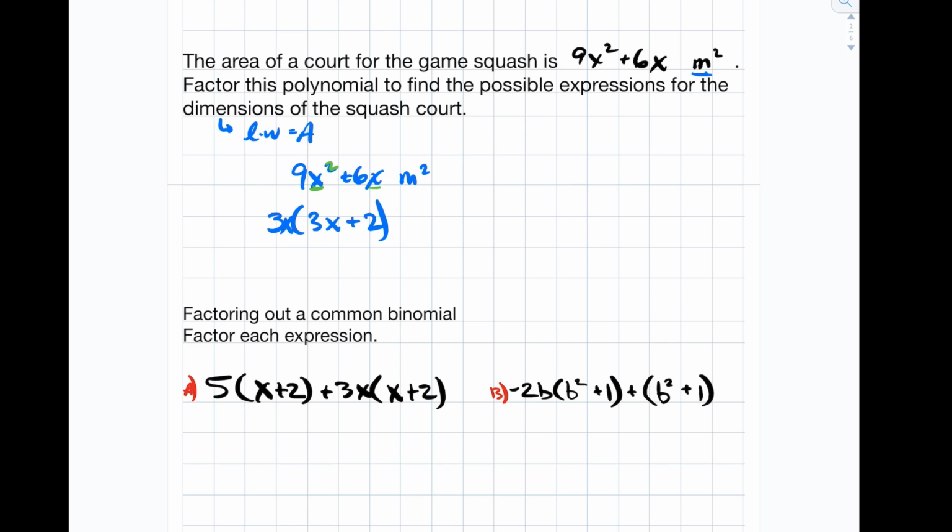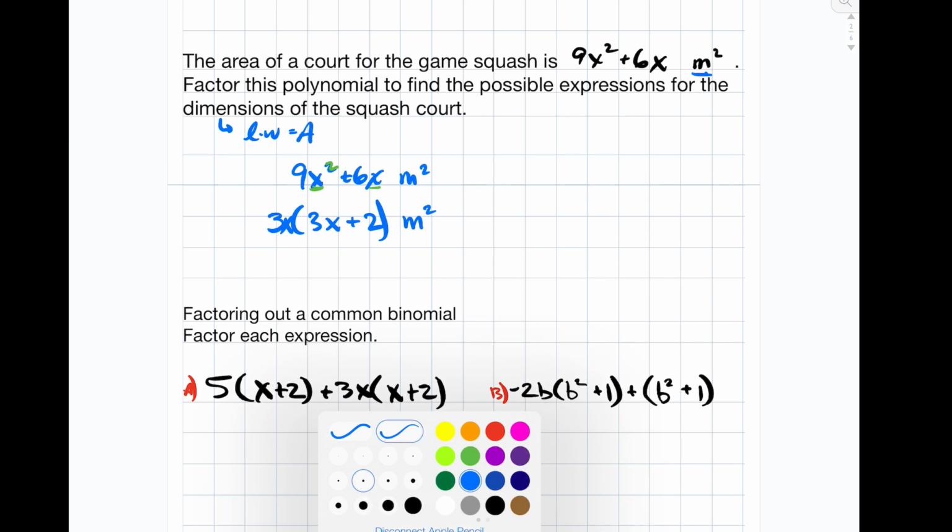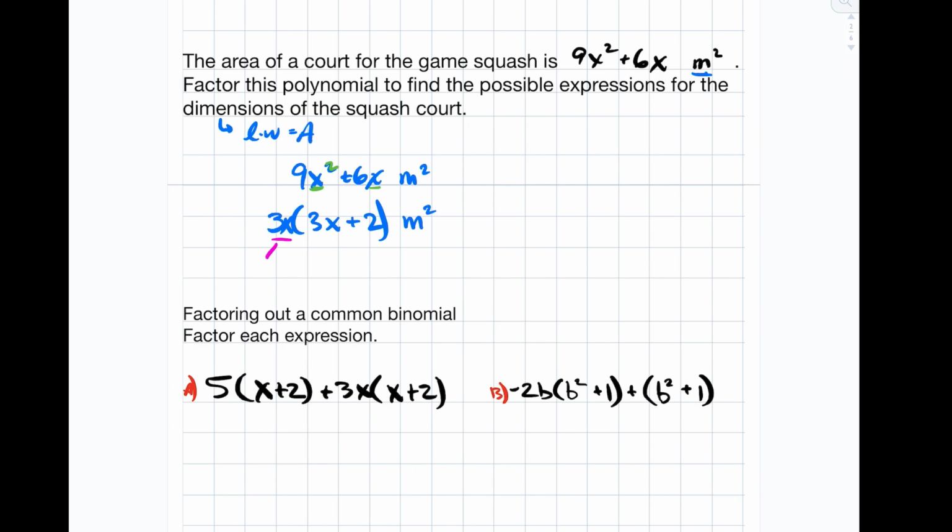I'm going to put the x out here. All right, and that's meters squared. So this first term right here, I'm just going to call this the length. Not that it really matters which is which. And this term here is going to be the width, which is 3x plus 2. There we go.